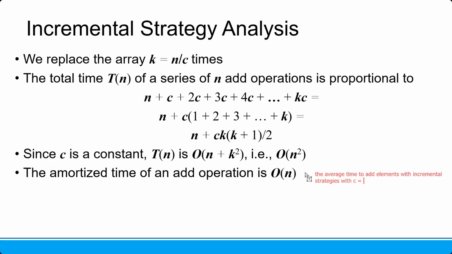So the amortized time: Tn is n squared, divided by n, which means this is n. So the amortized time is O n.